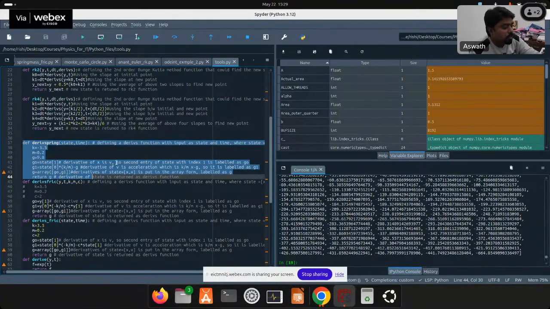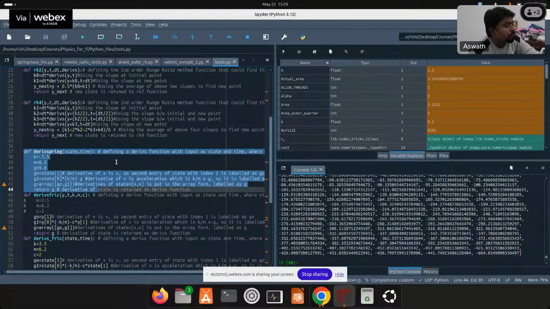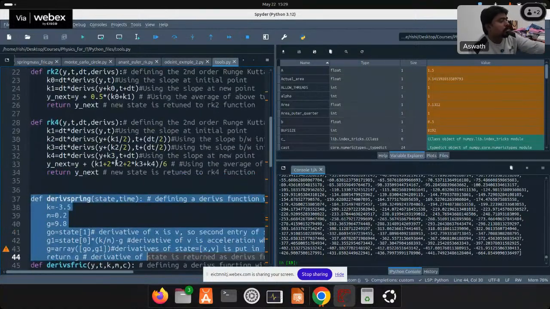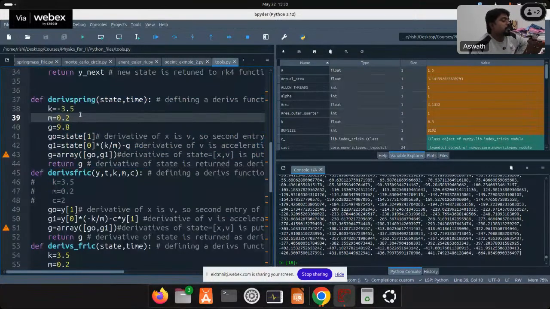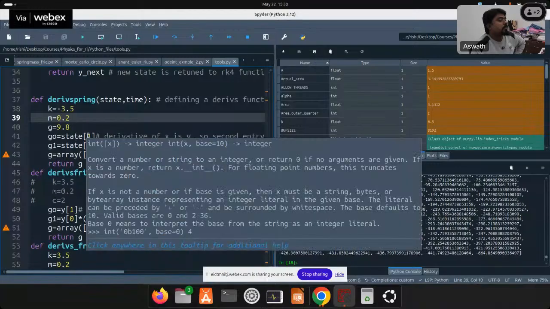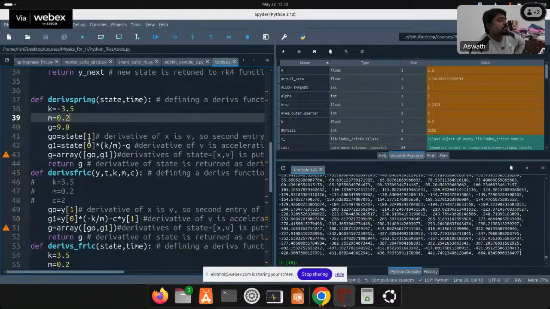Let me increase the size. So the spring constant is there, mass is there, gravity is there, and the initial value it takes. The input comes as a state, state 0 and 1, and those are used as per the equation. It gives me the derivative function, the derivative vector.